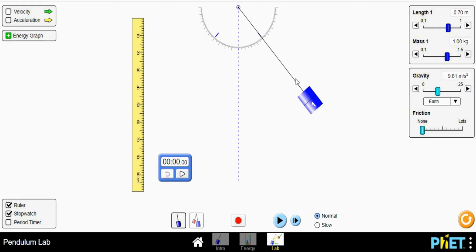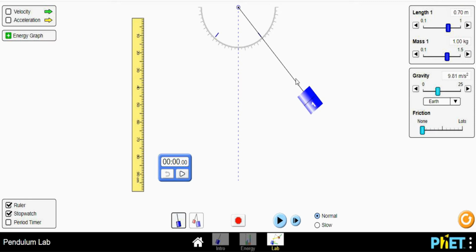If frequency is tall, then time period is short. If frequency increases, time period decreases. If time period increases, frequency decreases. These both are opposites. If one increases, the other decreases.